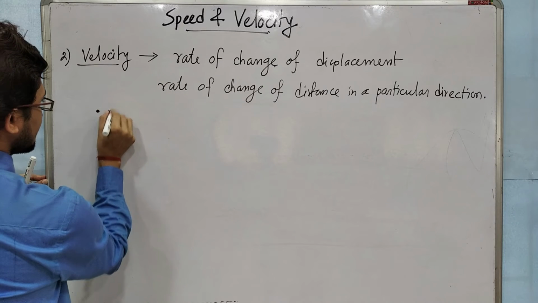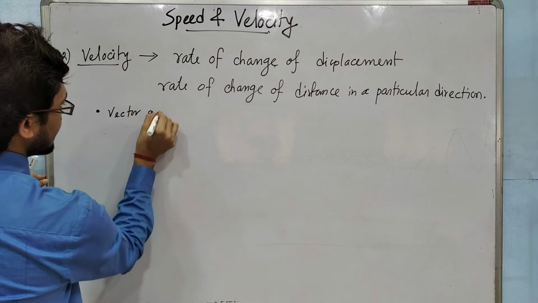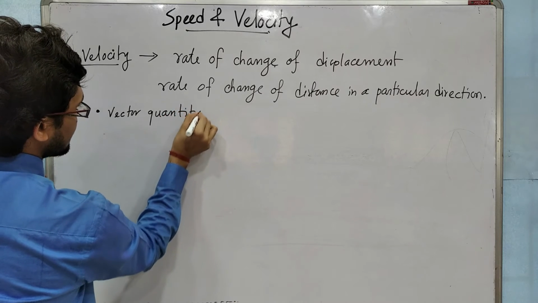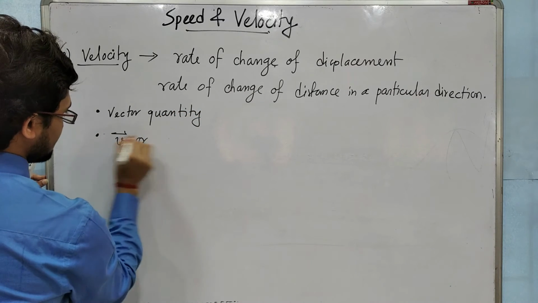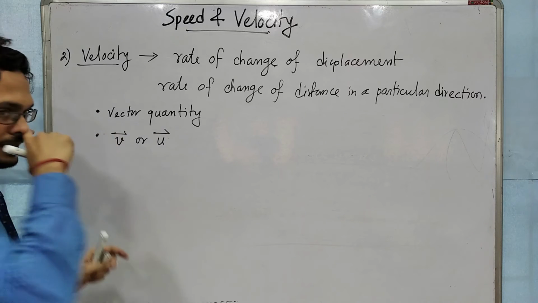So first point, it is a vector quantity, and it is denoted by v vector or u vector.